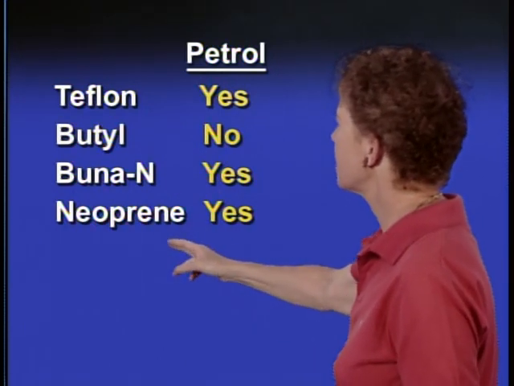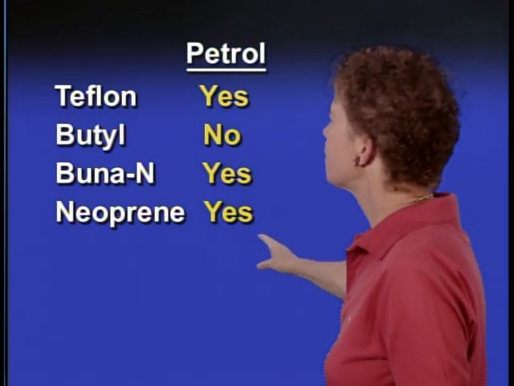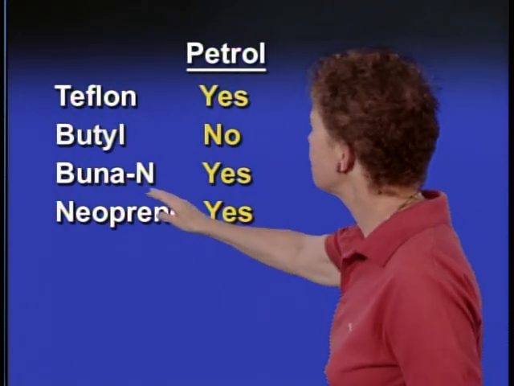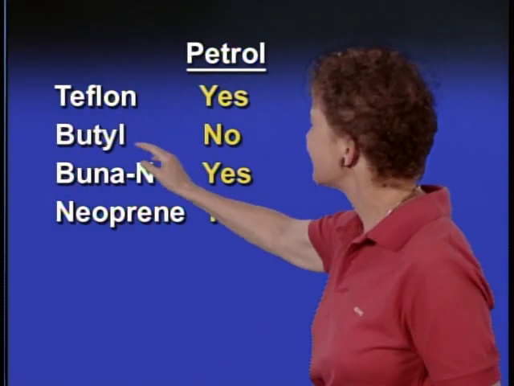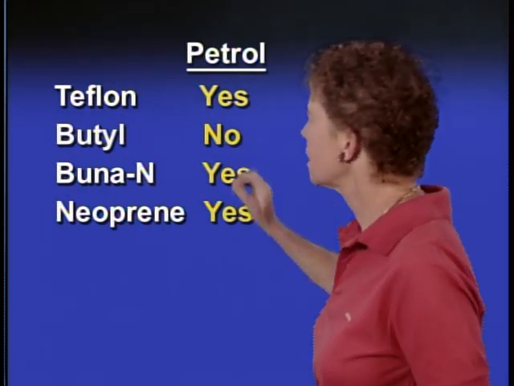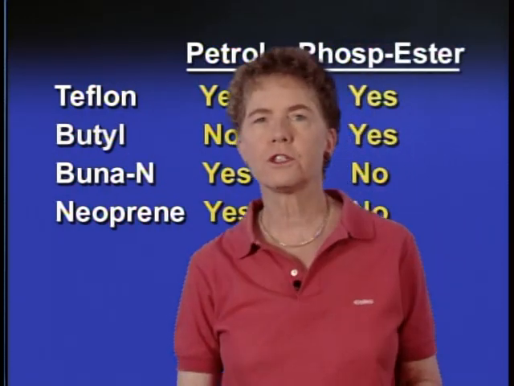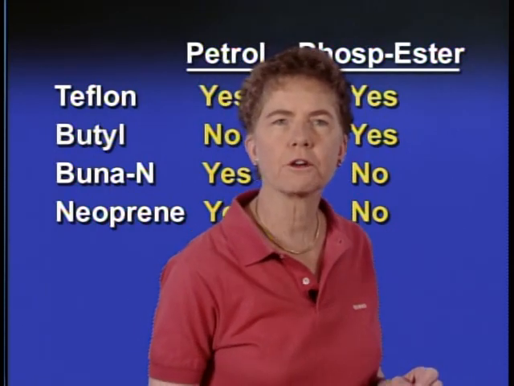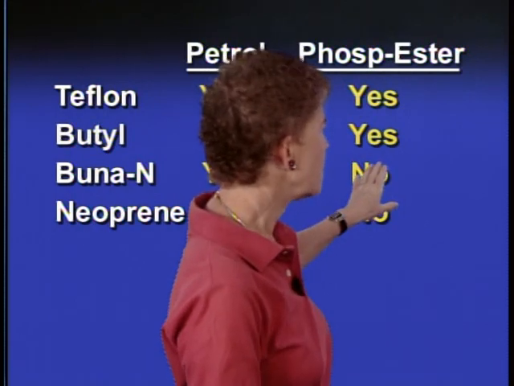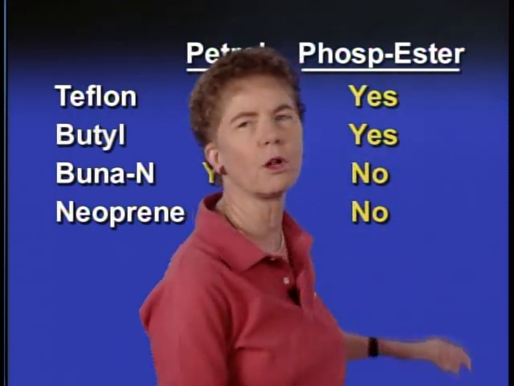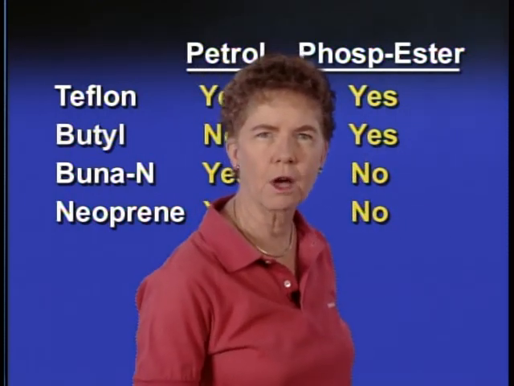Buna-N and neoprene can be used for petroleum products, although Buna-N is more desirable. Although butyl is not suitable for petroleum products, it is suitable for phosphate ester-base hydraulic fluids such as Skydrol. And Teflon is also suitable for phosphate ester-base hydraulic fluid.